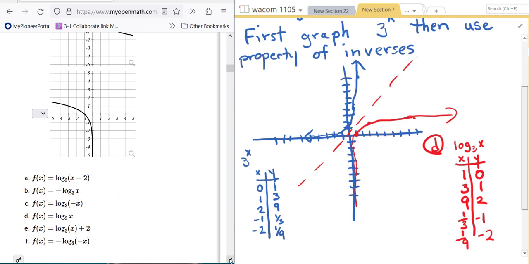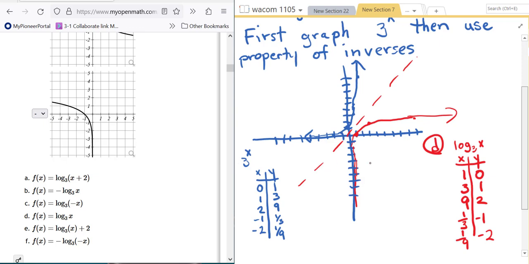All right, C. This time your negative is in with the x. That is also a reflection, but it is going to reflect across the y-axis, the line x equals 0. It's going to flip across that because it is a horizontal movement.